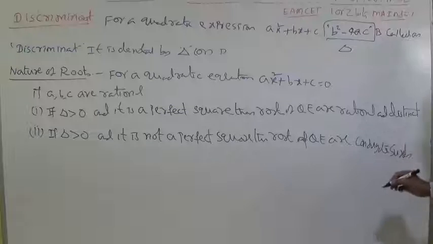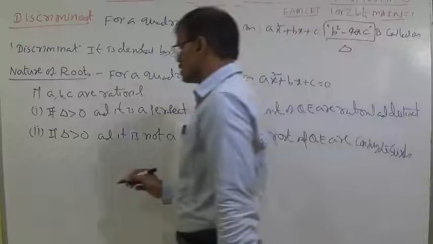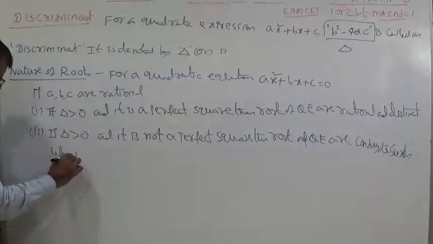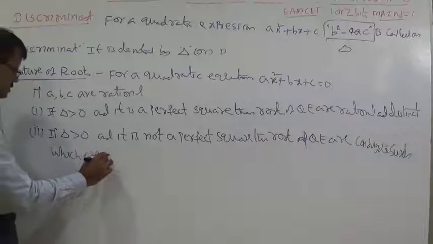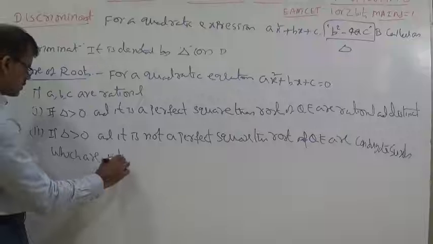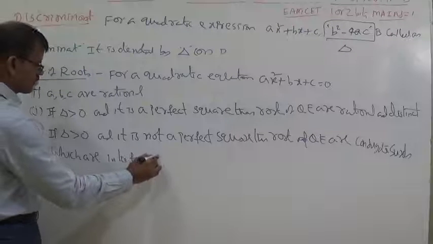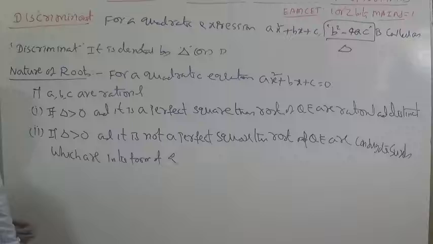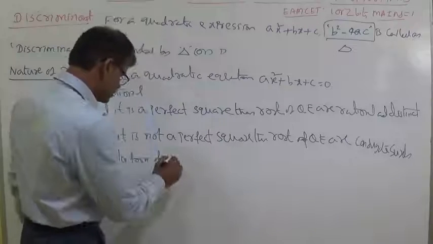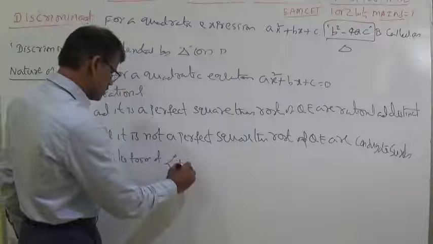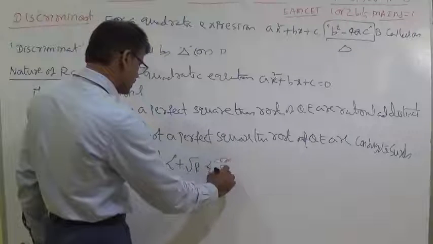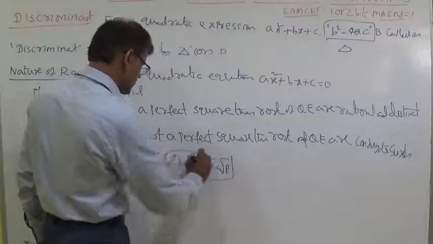Conjugate surds. Conjugate surds means which are in the form of alpha plus root beta, comma alpha minus root beta, like this.